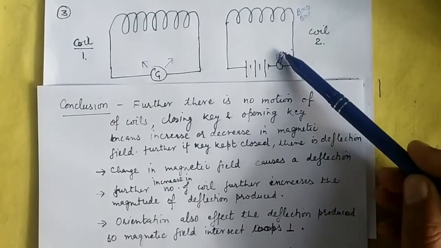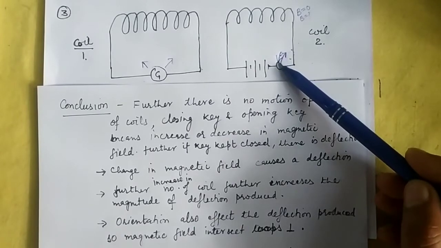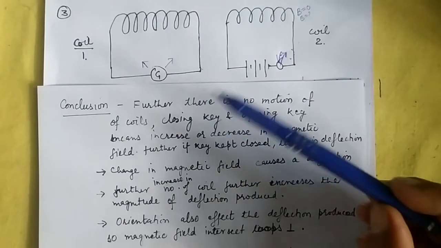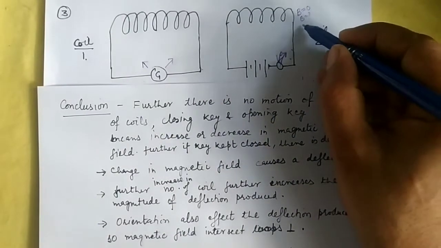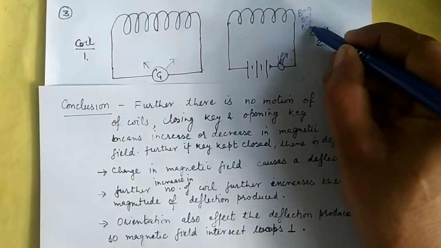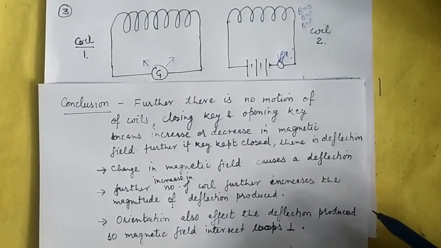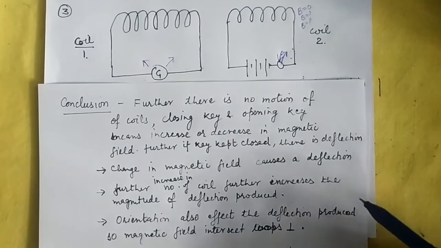Further, if you keep the key closed, there is no deflection, because in that case there is no change in the magnetic field. The magnetic field value remains the same.